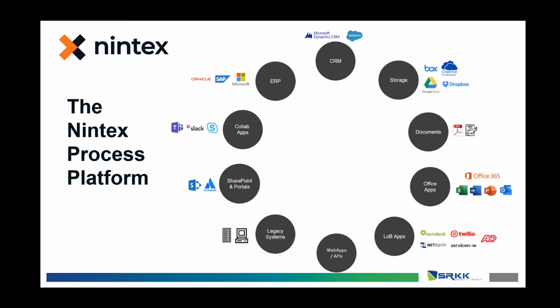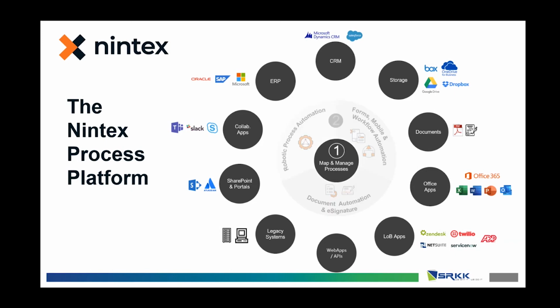All these systems can connect to Nintex. The first tool that Nintex provides for you is called map and manage process. With the help of this, before you create automation, before you create the forms, you can understand and create the plan and the map of the project, a map of the workflow and the process that you have in the company. So you can create it.